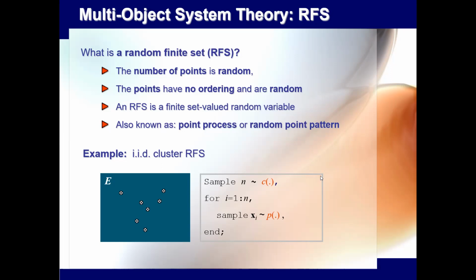The simple method here is to first sample the number of elements, and then, based on that sampled number of elements, you run a for loop. For each iteration, you sample the state. Very simple, right?